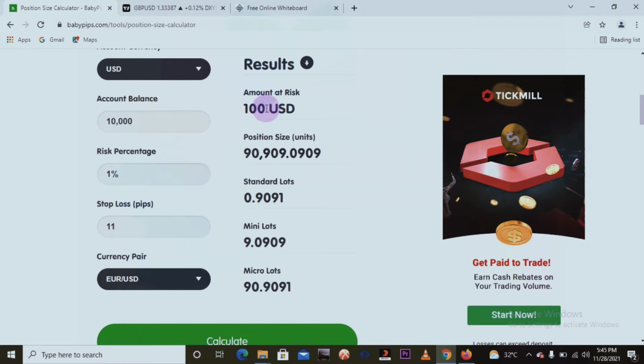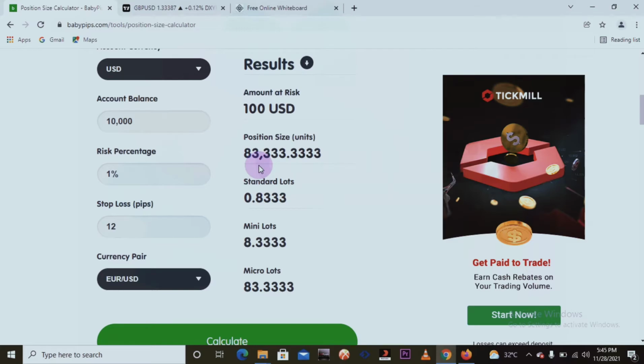Okay, so amount at risk. What amount am I risking of this $10,000? Sorry, we said 12 pips, not 11 pips. So what amount am I risking on this trade for every trade I take on 1% risk with a 12 pips stop loss? I am risking $100, because $100 is 1% of $10,000.